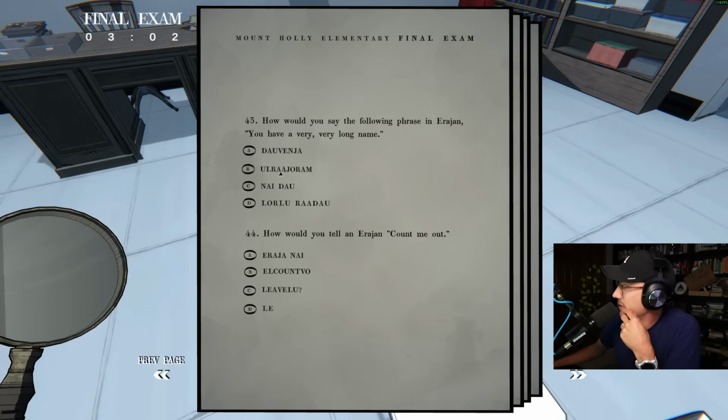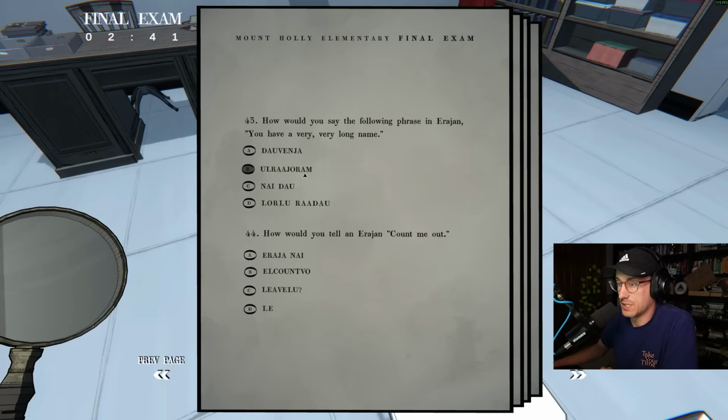I do not think it is. This is something else. This is the end of the day. Nai Dao means something else. Lor Lu means, I think it has to be the one that has name in it, right? I think it has to be Ulrajon. But what does Ra mean?